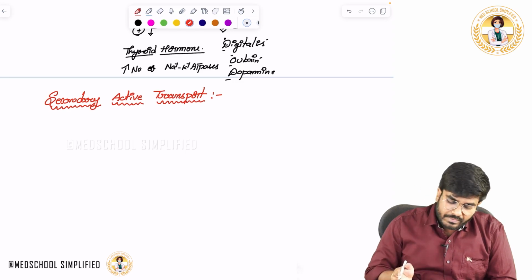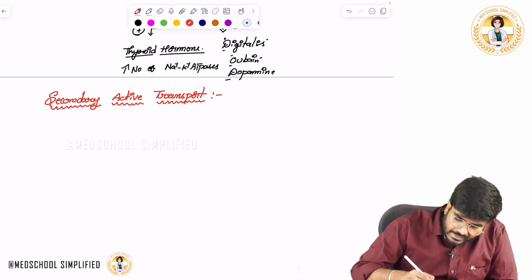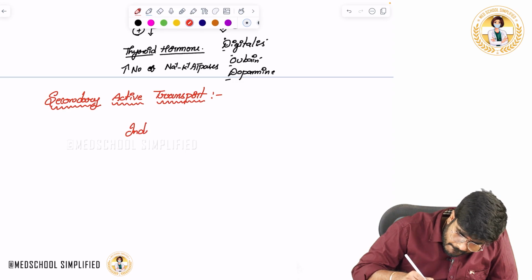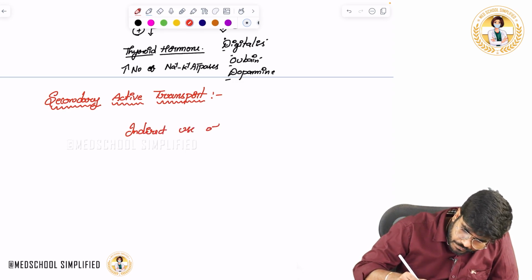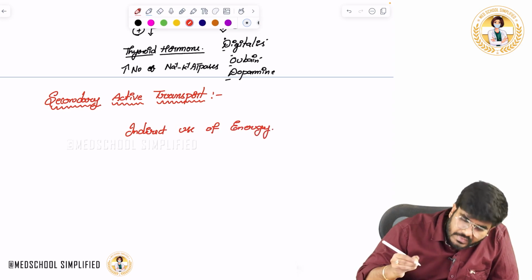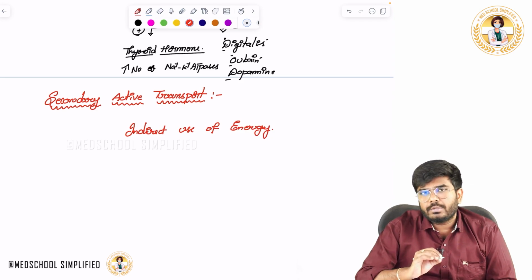So what exactly is this secondary active transport? There is indirect use of energy. Okay, there is indirect use of ATP, indirect use of energy.